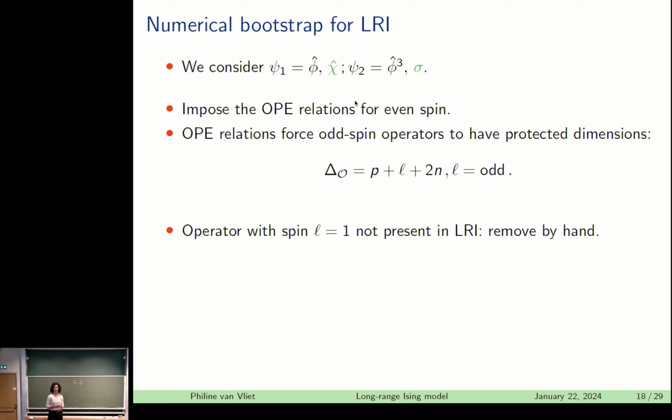All the way until that point, but then at that point the theory splits into two parts. You have a short-range part which doesn't see these operators, and then if you put in the rest, you start seeing these operators. But it says nothing about the short-range Ising. No, exactly. So we can use data from the short-range Ising model for the long-range Ising, but not really the other way around.